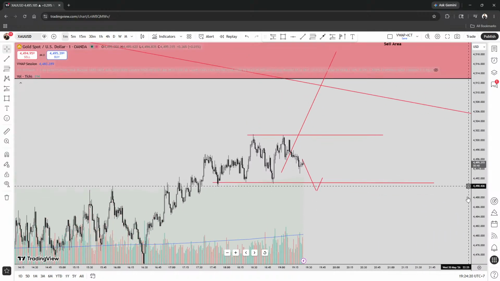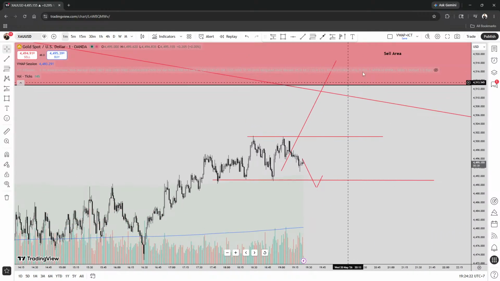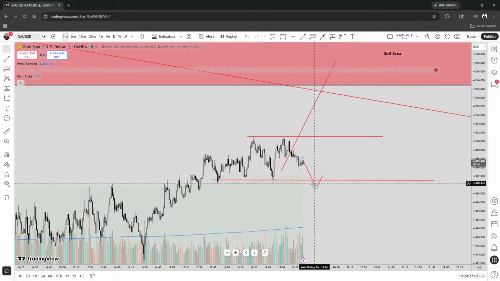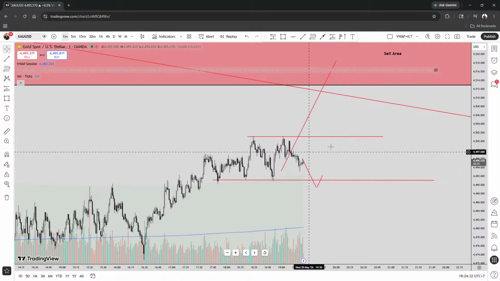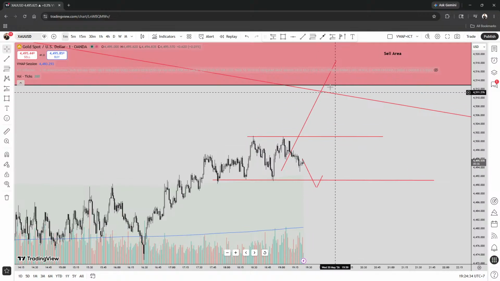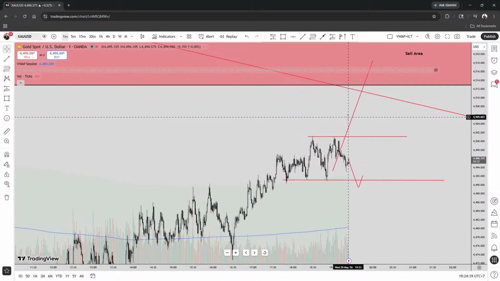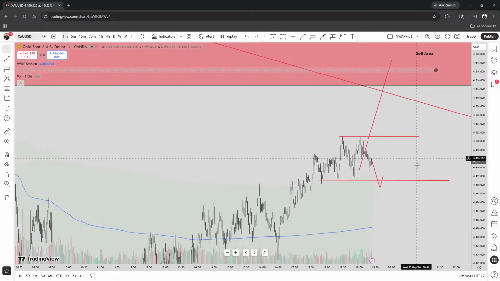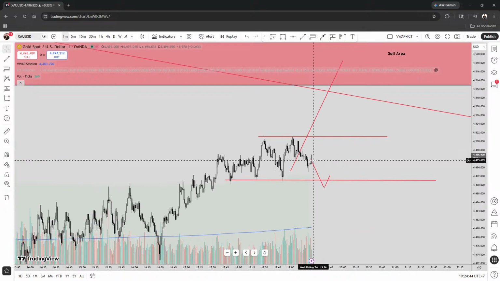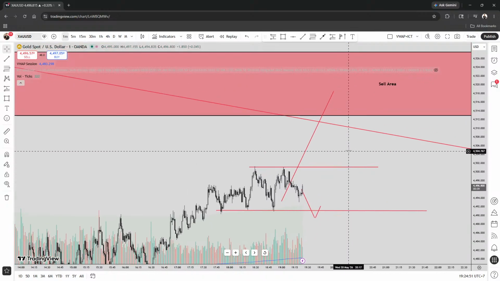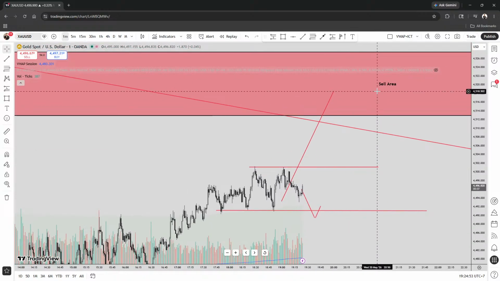And the target is maximum this area. If you want to take profit at this high, it's okay, but you have to understand that the maximum level is this area, because that's the important key level on the bigger time frame. So we cannot set take profit above this area. Very dangerous.